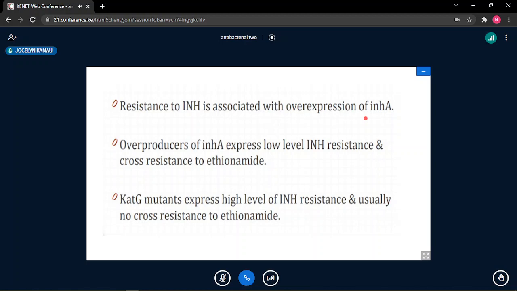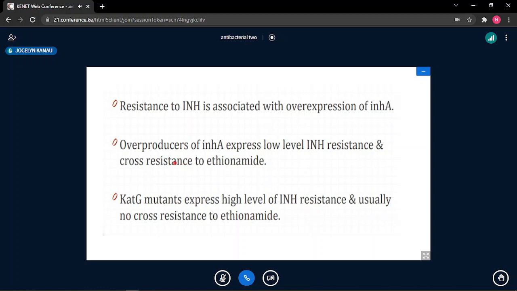So that's one way: overexpression of the enzyme that is being blocked by the isonicotinic acid radical. Once that enzyme is overexpressed, there is more production of it, so there will not be total blockade. Some of the enzyme will be available to continue synthesis of mycolic acid even in the presence of INH.